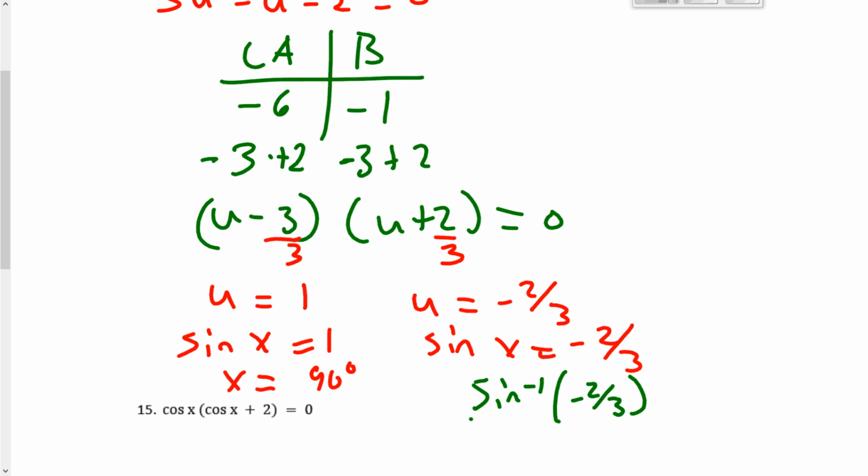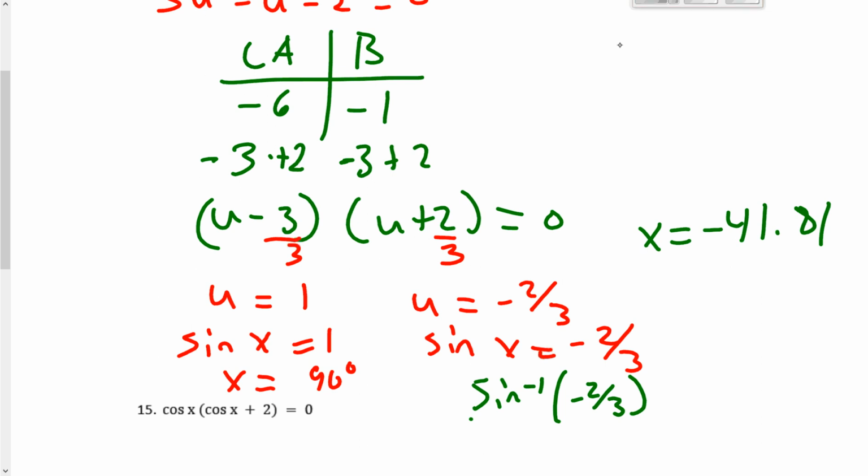So here I can use my calculator and just type in sine inverse of -2/3. So I do that, and I get, if I'm in degrees, I get negative, so x equals -41.81. And so I can't use that one because it's negative.